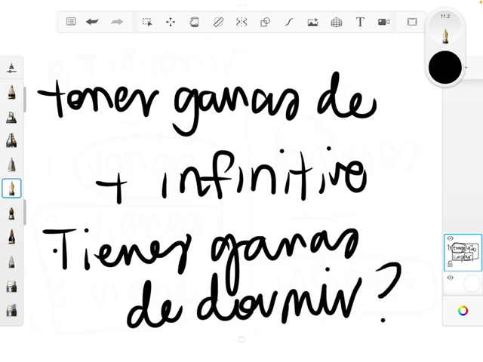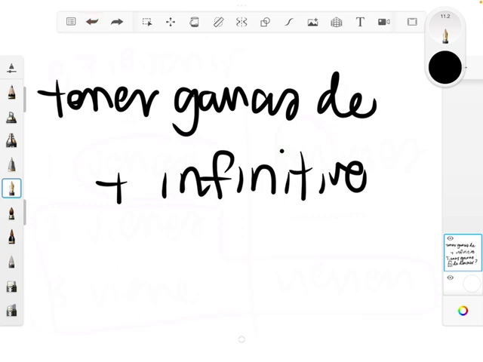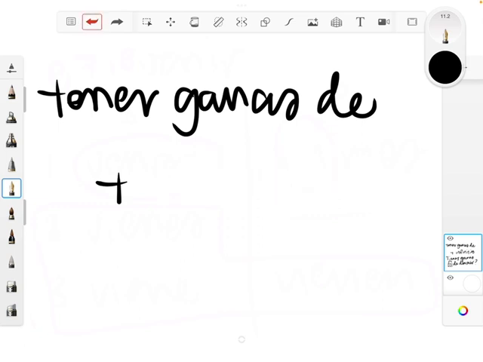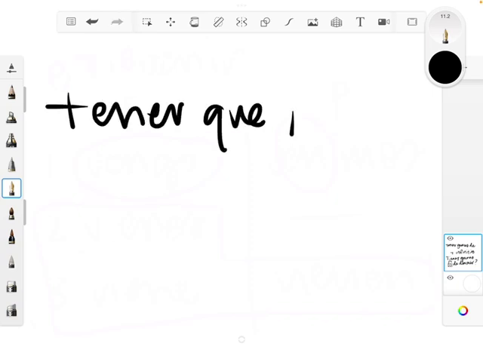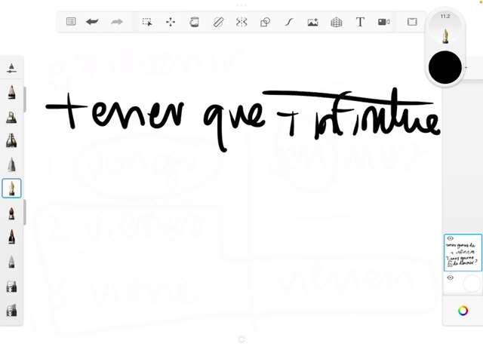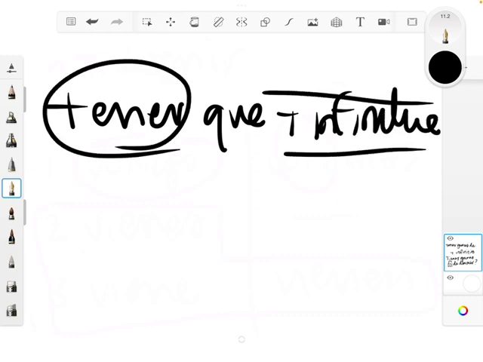Do you feel like sleeping? Okay, so these are very useful phrases to know. So you just want to make sure that you remember, whenever you're using them, that in a verb phrase, like tener que plus the infinitive, you conjugate this one, and this one remains in its infinitive form.